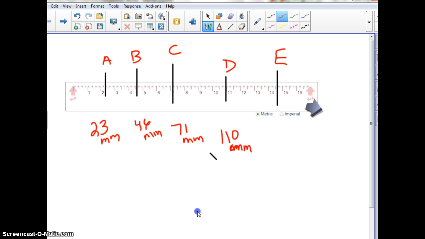This is 140, this is 150. No, this is right next to the whole number. This is your 140. So what do you think it is? 146. I'd say that's a good estimate. About halfway between, but a little bit more. Okay. Are you guys ready to get started on your assignment today?